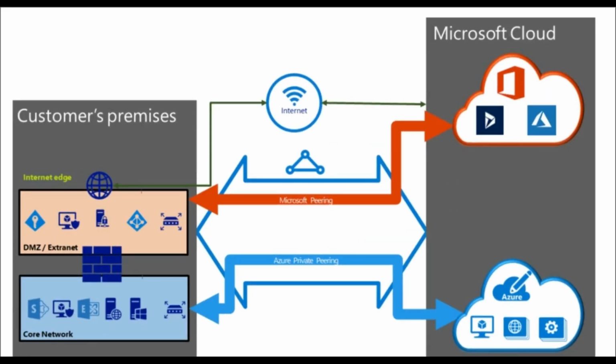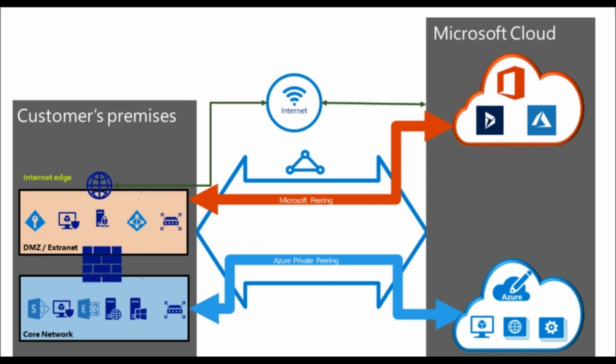Now, we're looking at ExpressRoute. There's actually a couple of what Microsoft calls peering. So depending on the service that you're connecting to, you're going to run over a different network. If you're connecting to Outlook, Office 365, the Azure portal, Dynamics, whatever public service that you're connecting to, well, that's called Microsoft peering.